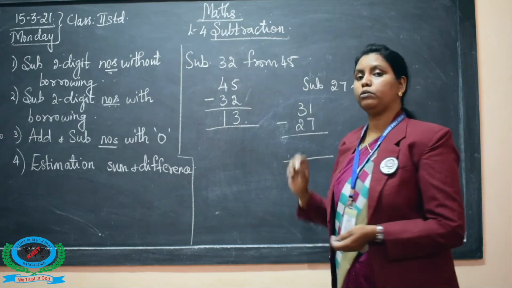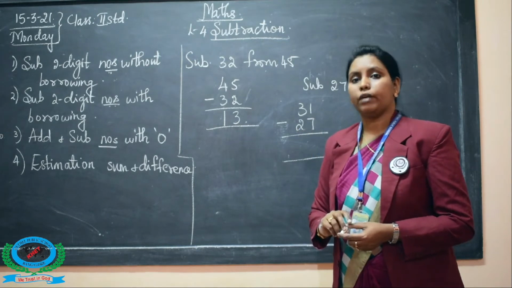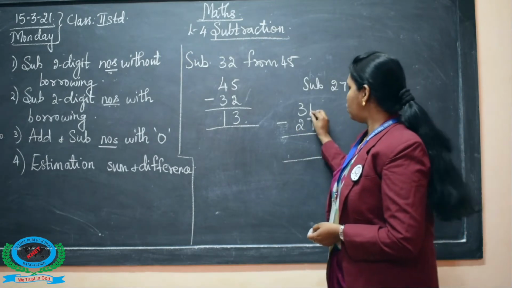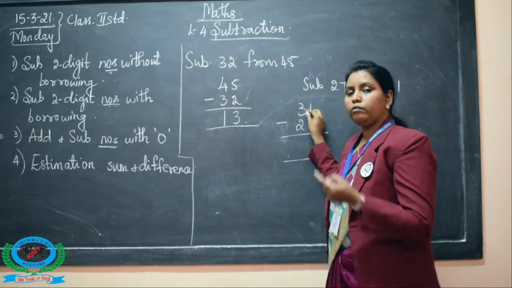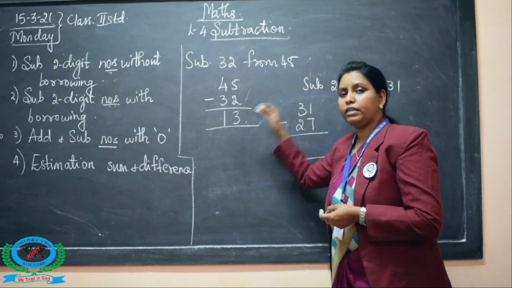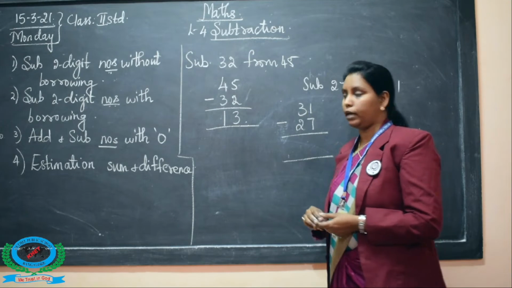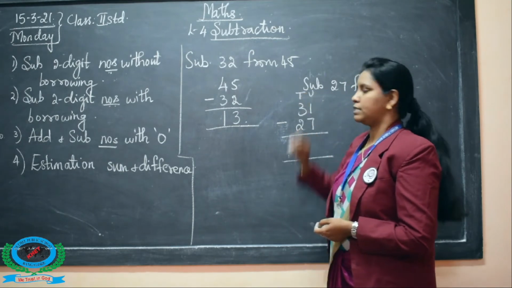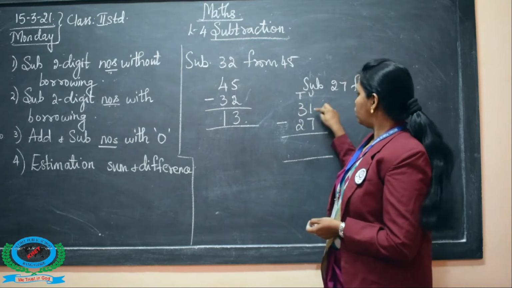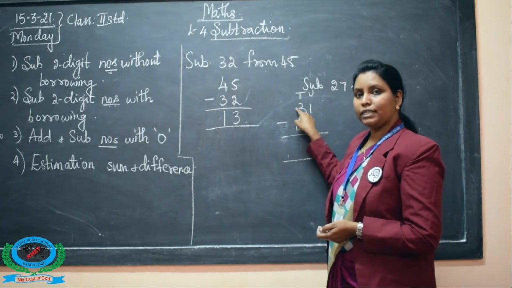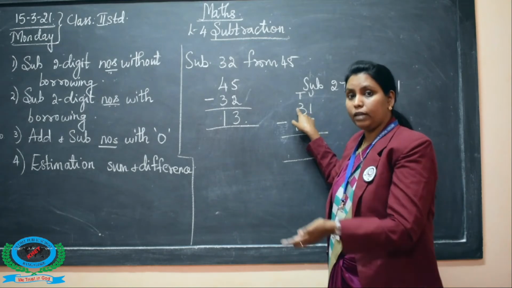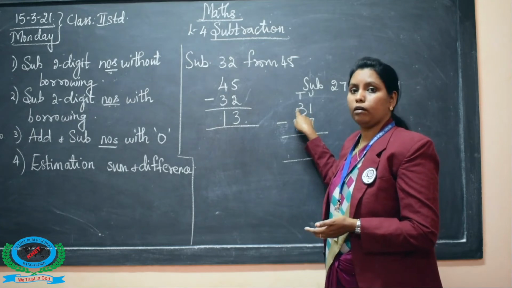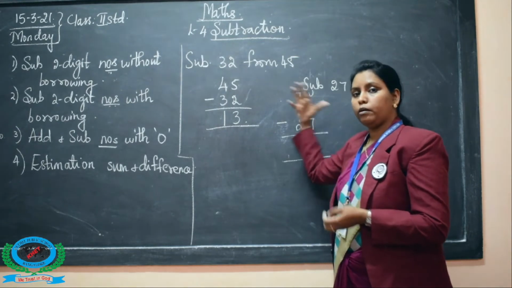So what we have to do in this case? So 1 is a smaller number here. So we have to borrow 1 from the next number. Now this is the place value of unit and this is tens, isn't it? So if you are borrowing 1 from tens value, you are borrowing 10 only. If you have 1 rupee, you are borrowing 10 rupees.